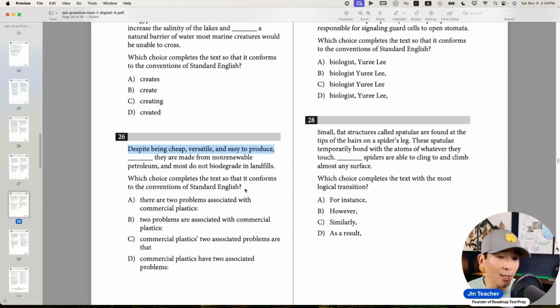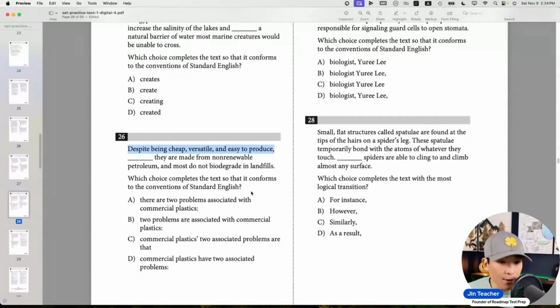So ask yourself this question: what is cheap, versatile, and easy to produce? When you have a modifier like this, the noun that the modifier is describing has to appear right after the modifying phrase.